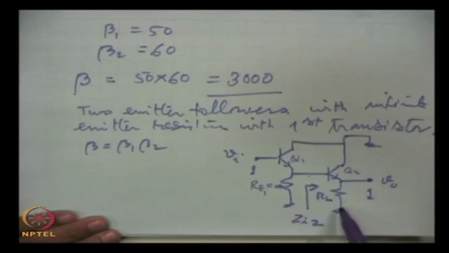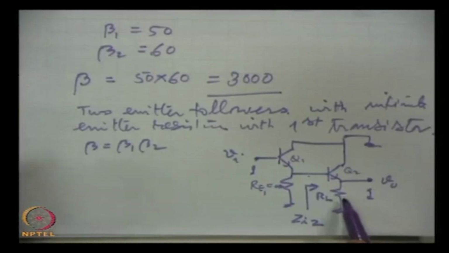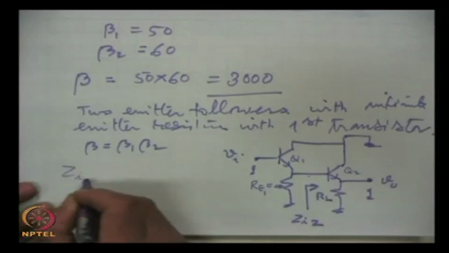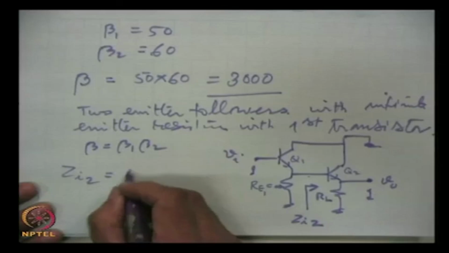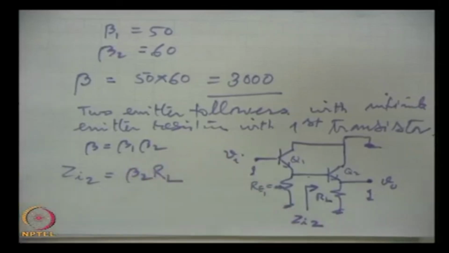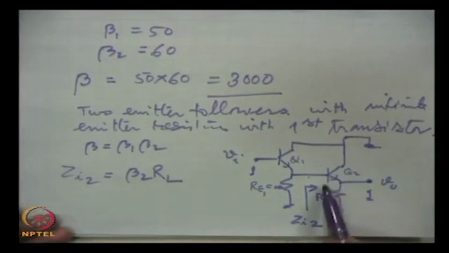The load is now RL at the emitter, because it is an emitter follower, and we always connect the load at the emitter. So ZI2 is equal to the current gain times the load resistance RL. This we have done earlier, and I am sure you understand that it is beta times the load.